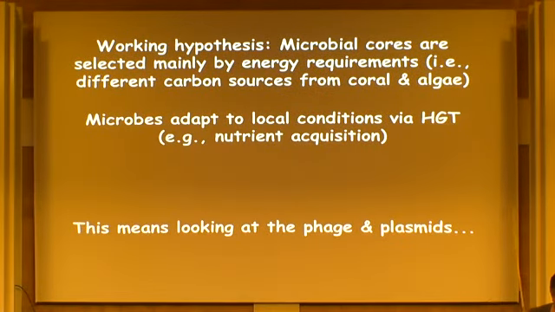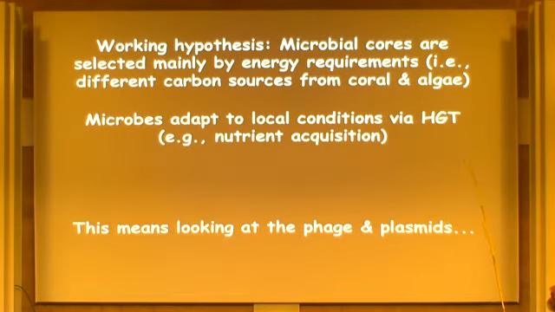So the working hypothesis, and where we are right now, is that the microbial core, so this is your ribosomal, the things that make you a cell, is really just selected by the energy that is coming from whatever the benthos is. So if you've got primarily a macroalgae, that's feeding a certain set of microbes, and that's what you culture up.